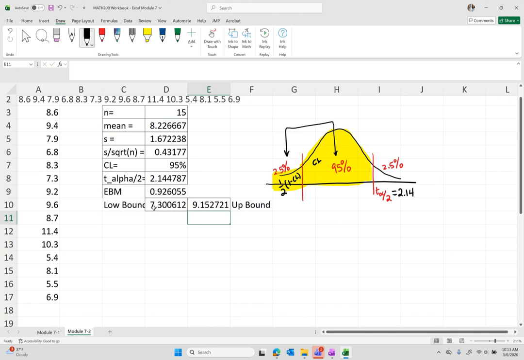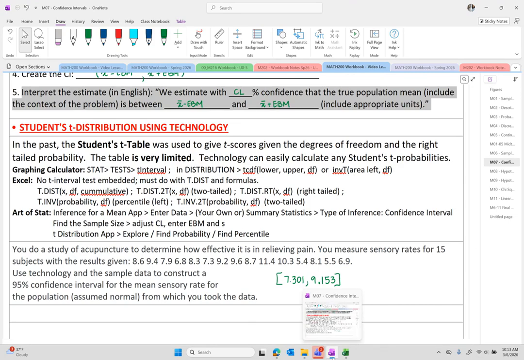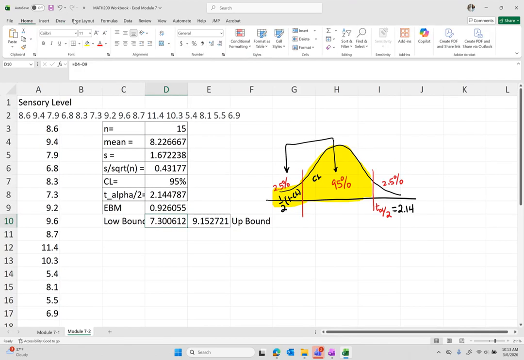And this is 7.3 to 9.15. And this is approximately what we found here, 7.3 to 9.15. In fact, if I were to round to the nearest 3 decimal digits, let's do that. We will have Excel round for us.